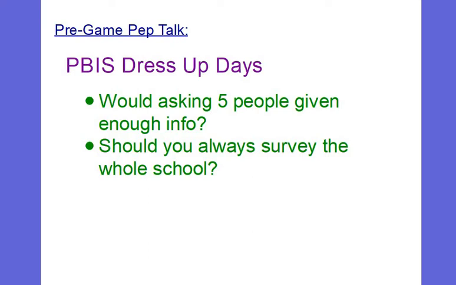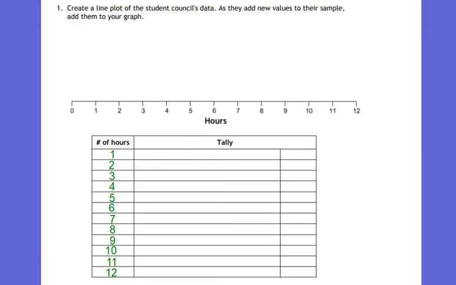Alright, so let's look at a line plot. We're going to look at the data that was collected of how many hours are spent a week on homework or studying. This survey has already been done, so I have the information here.